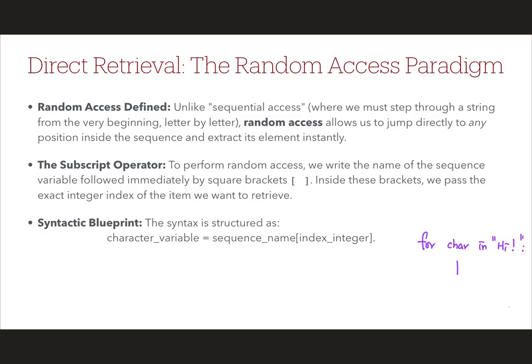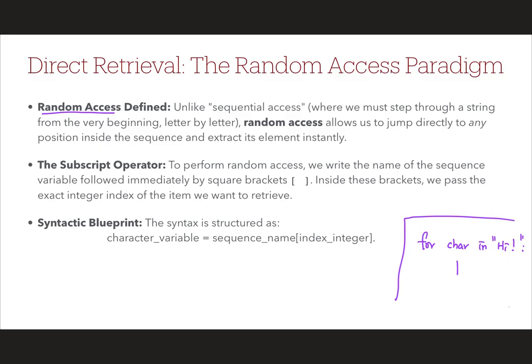So that's what happens in the for loop. But if we want, we can just directly access the second item or the third item using this index value. So that's what random access implies.